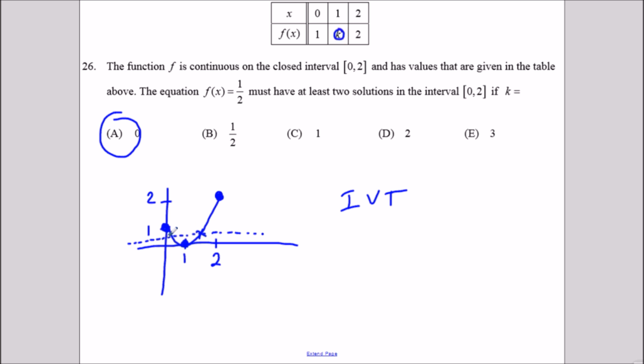So these locations here represent where we must have at least 2 solutions. Remember, if we picked anything else, like 1 or 2 or 3 or even a half, we could not guarantee 2 solutions. This would only guarantee 1 solution, and the other ones don't guarantee any solutions. So the concept behind it is the intermediate value theorem.